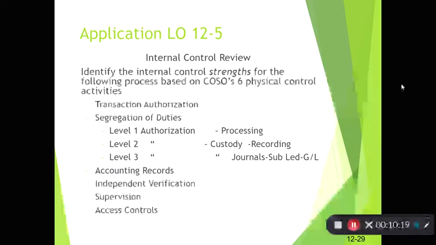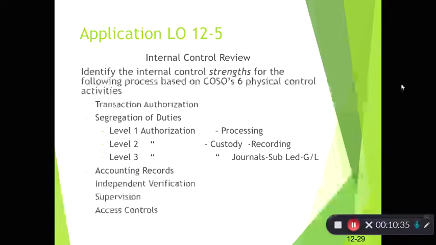All right, so one thing that we're going to do as an application is to look at identifying internal control strengths.